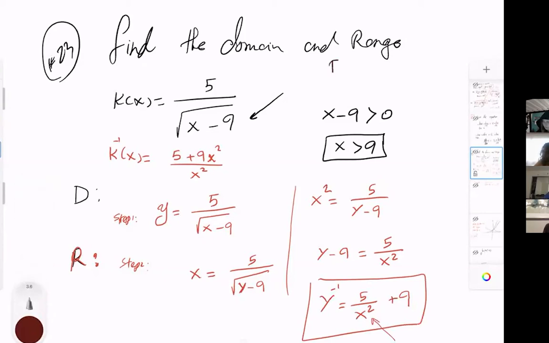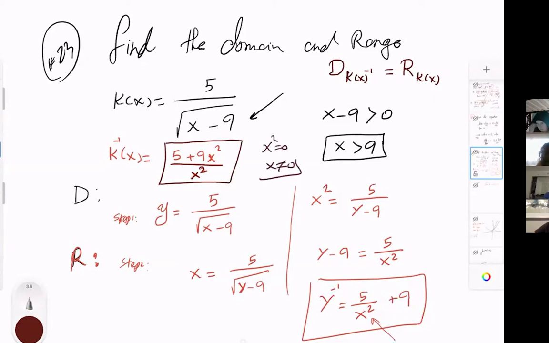So we know the domain of k inverse of x equals the range of k of x. Now, what is the domain of this function? For a rational function, the denominator cannot be 0. So x squared equal to 0, then x cannot be 0. So the range is all real numbers minus 0. Only 0 you cannot put into that function.